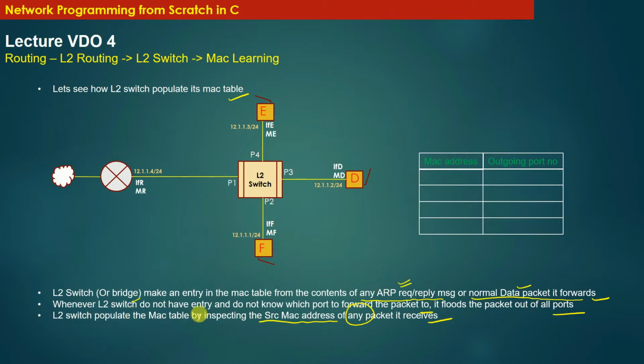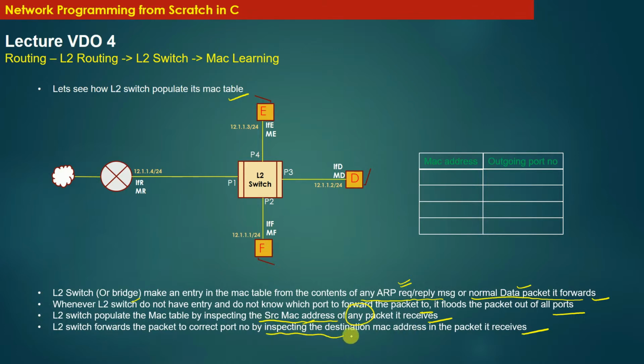So the L2 switch populates the MAC address table by inspecting the source MAC address in the Ethernet header of any packet that passes through it. The L2 switch forwards the packet to the correct port number by inspecting the destination MAC address in the packet it receives. So while forwarding the packet to the correct outgoing port, the L2 switch inspects the destination MAC address, whereas population of the MAC address table is done using the source MAC address.